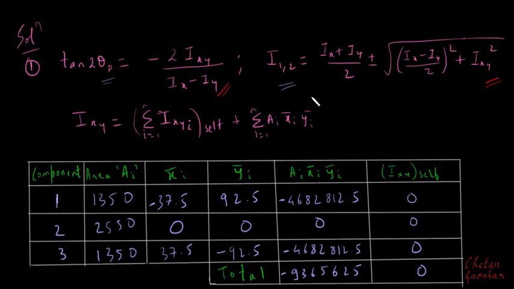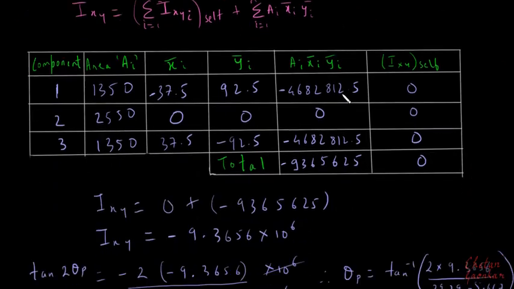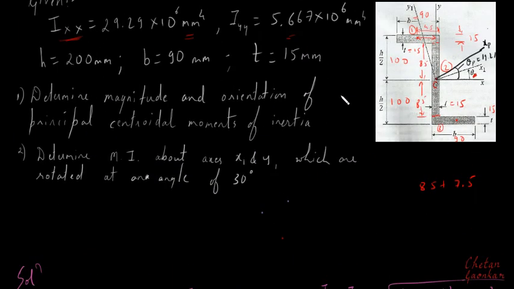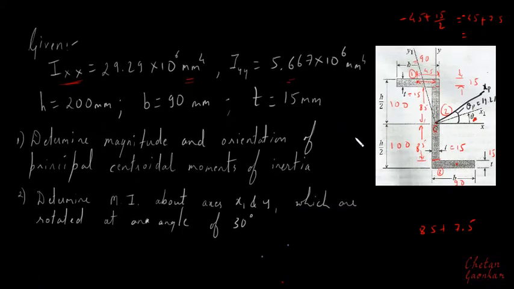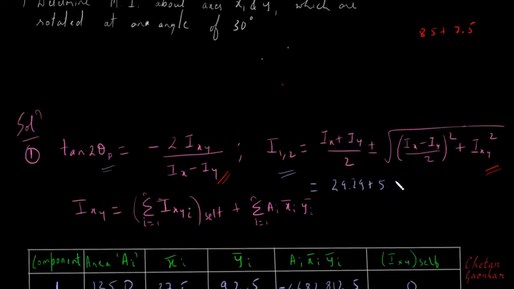I know what Ix and Iy are. Ix is 29.29, so this will become 29.29 plus Iy, which is 5.667, divided by 2, plus or minus root of 29.29 minus 5.667, sorry, this should be minus, divided by 2 the whole square plus Ixy square.